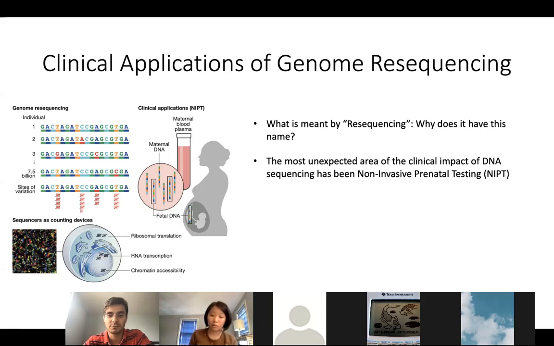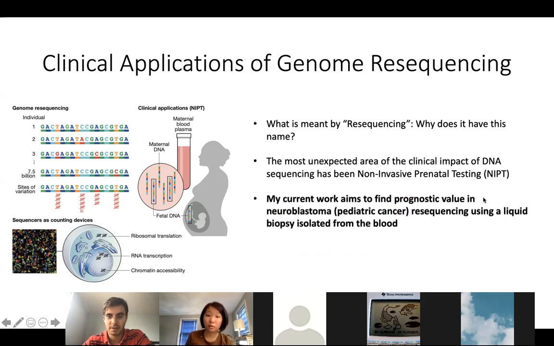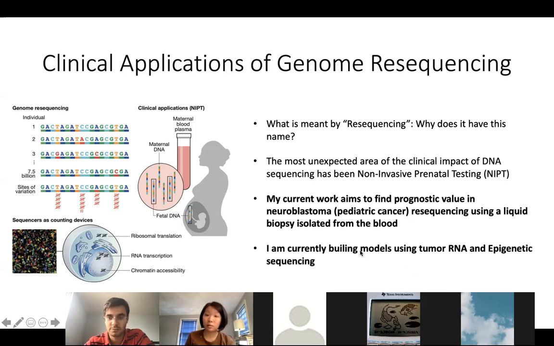As I said, we also got to know the gender of our son by this method. And currently, my work aims to find prognostic value in neuroblastoma resequencing using liquid biopsy from the blood of children and also from the tumors. So I'm building these models using tumor RNA sequencing and epigenetic sequencing.